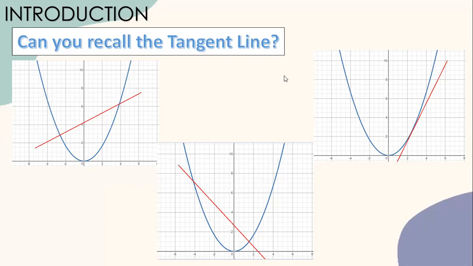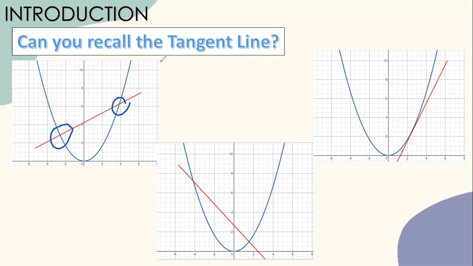Okay, so ano nga ba ulit yung tangent line? Kung maalala natin, a tangent line intersects a graph at only one point. So here we have three graphs. For our first graph, the red line touches the graph at 2 points.